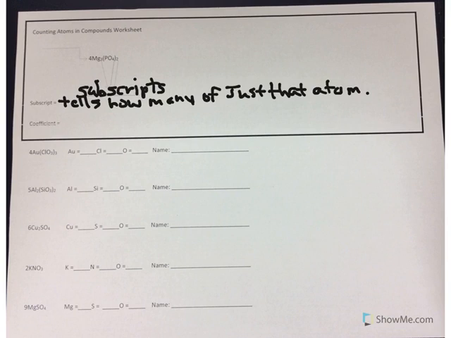Now if it's outside the parentheses like that little 2 is, you're going to multiply by everything inside the parentheses.